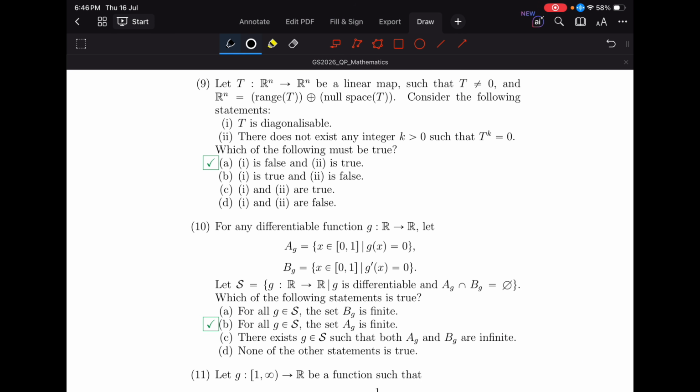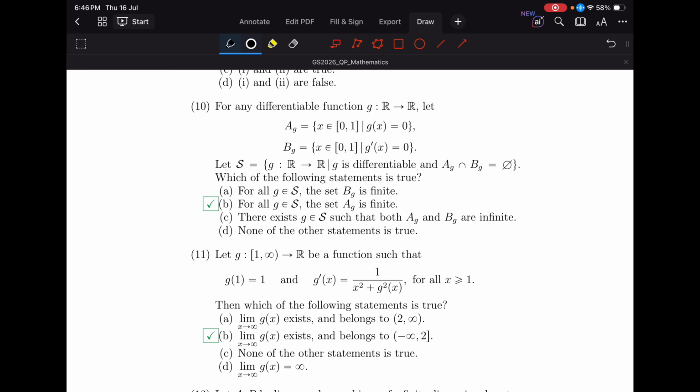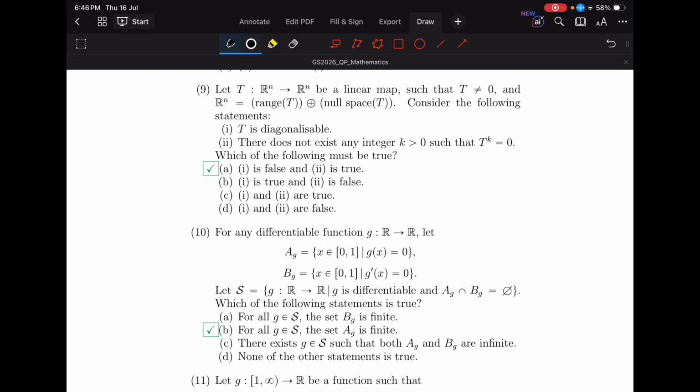Okay, now I have some space finally. Okay, so given a linear map T such that T is not equal to 0 and R power n equals range of T direct sum null space of T. So we know linear transformations are basically matrices.